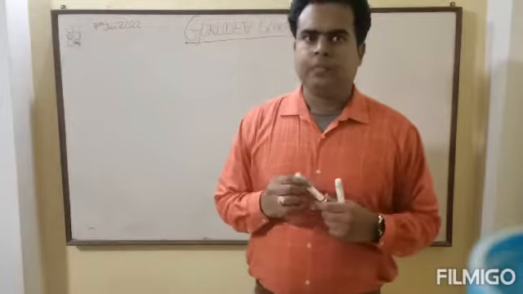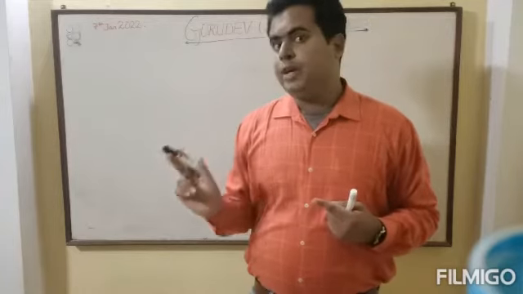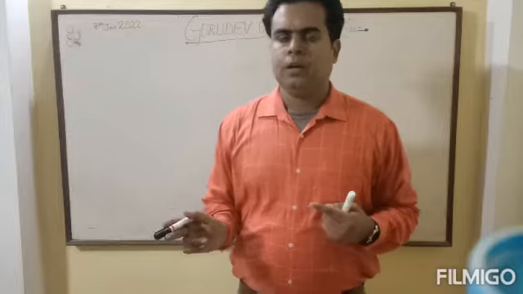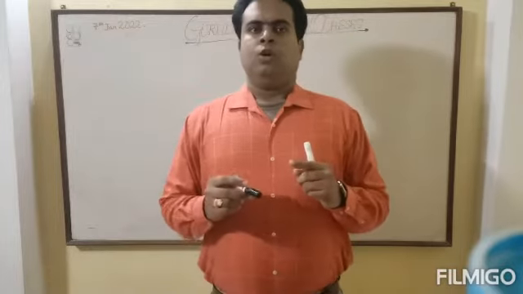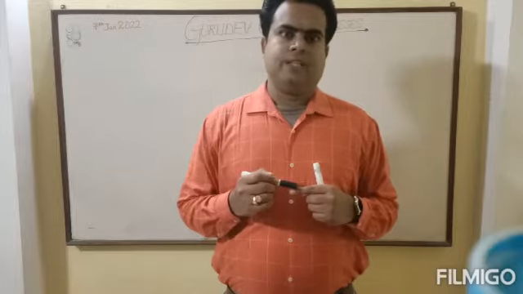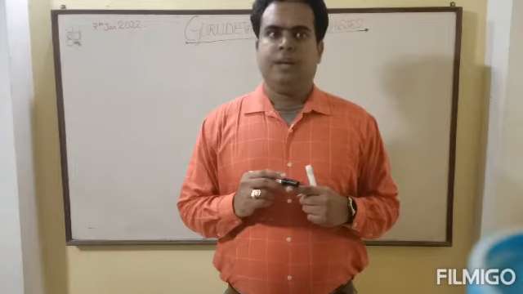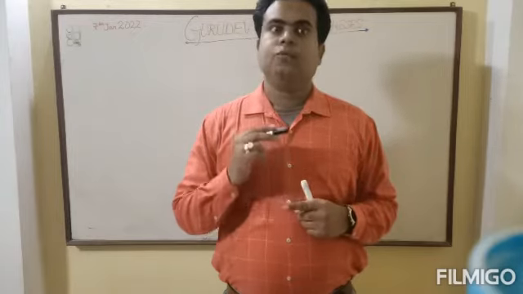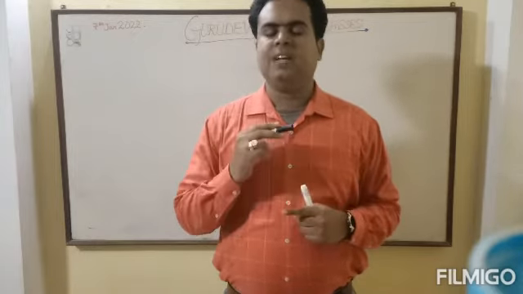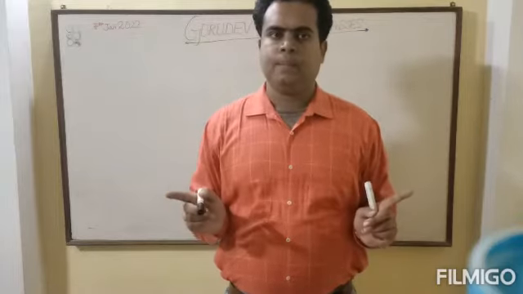So children, there are two types of electrolytes, strong electrolytes and weak electrolytes. One question: why are some chemical compounds known as strong electrolytes? The answer is they dissociate into positive and negative ions, up to 100%. They completely dissociate into positive and negative ions.